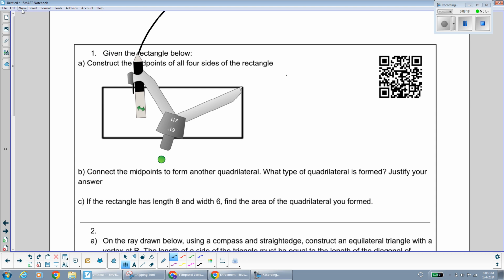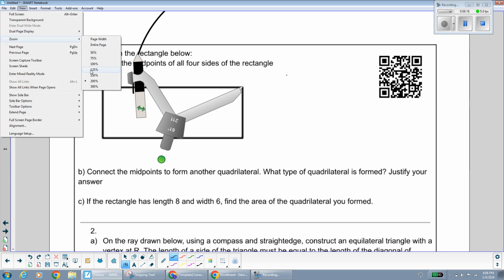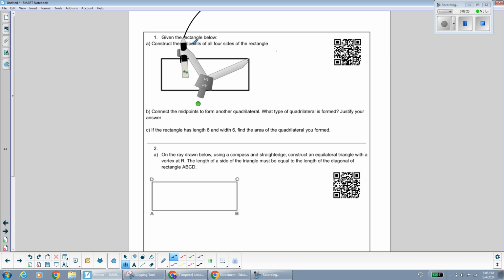Oh, let me zoom out here so you can actually see. That's what's annoying about the computer as well. And then using the same distance, I'm going to come over here and make the same arc. You can't see where they intersect on the top, but there should be a top intersection as well.